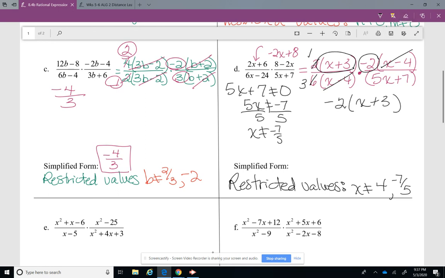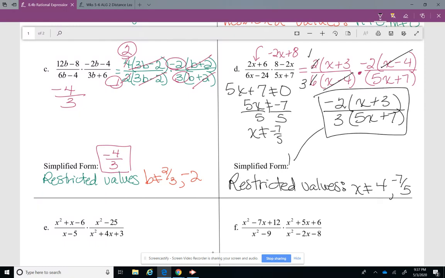So we multiply the numerator. Now we're going to take the 3, put it out in front, and multiply it by the 5x plus 7. And that is your answer. That is your simplified form. There's no need for you to distribute it back and give me another answer. If it can't be factored anymore, just leave it broken up like that.